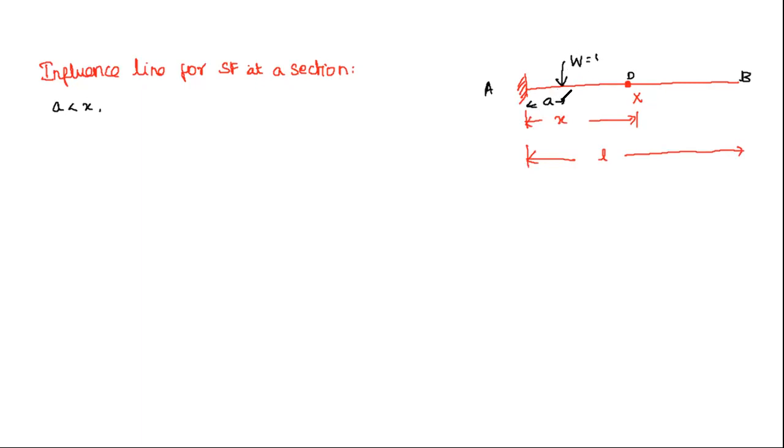So now the distance is A. So now the A is less than X. So what will be the bending moment about X? We can take either this portion or this portion. So there is no loading in this portion. We can simply arrive that MX is equal to 0.